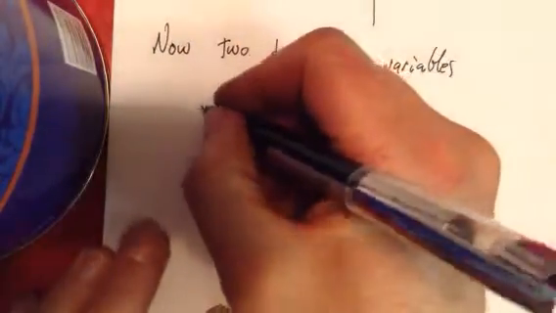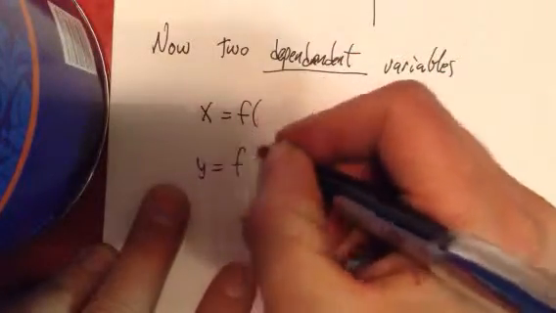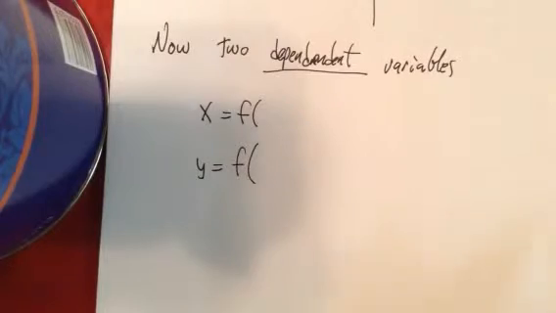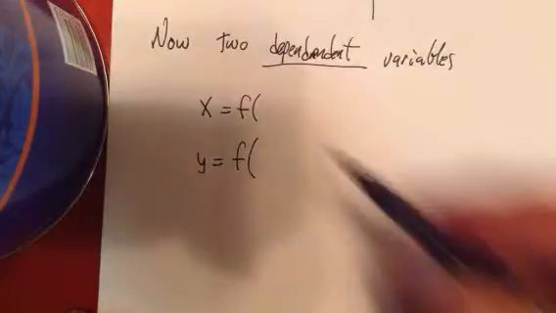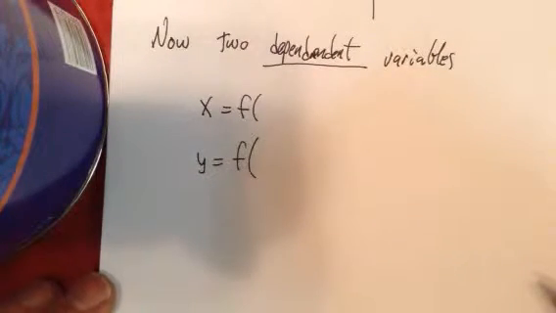That is to say, we're going to let both x and y be dependent. We're going to have some other independent variable that's not x or y. Typically, we can use anything we want. We can have x and y both dependent on any variable.